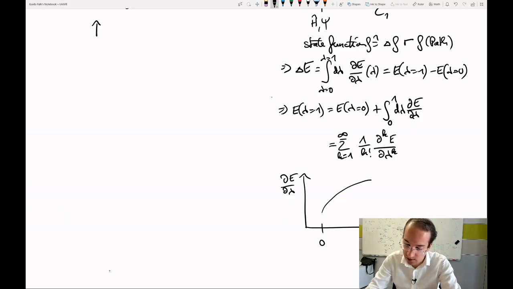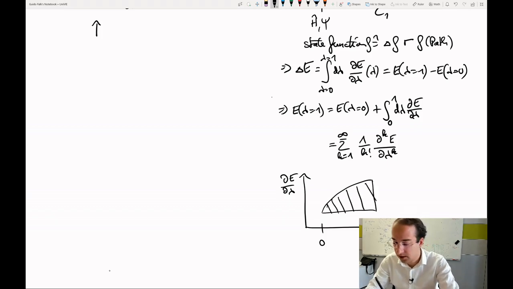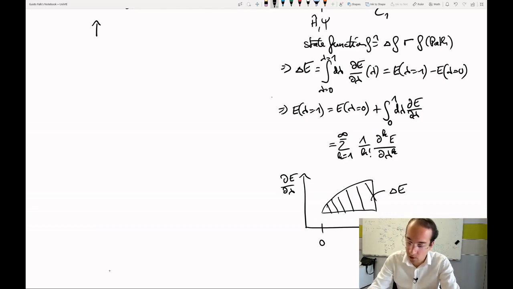And now what we do is we integrate exactly this part, and this gives us our delta in energy. So the idea is that all of these derivatives that you see here, and that's crucial, so let me maybe pick a different color, are evaluated at lambda equals 0.